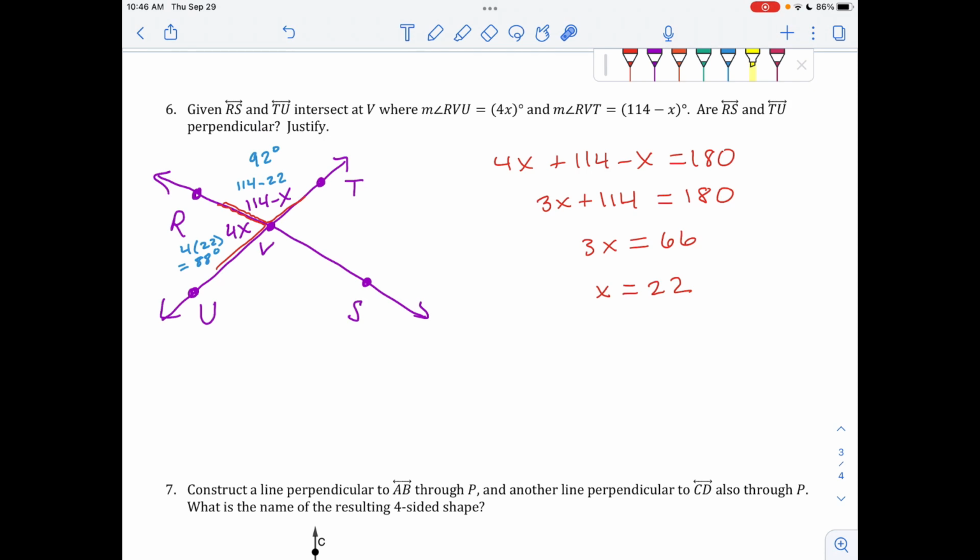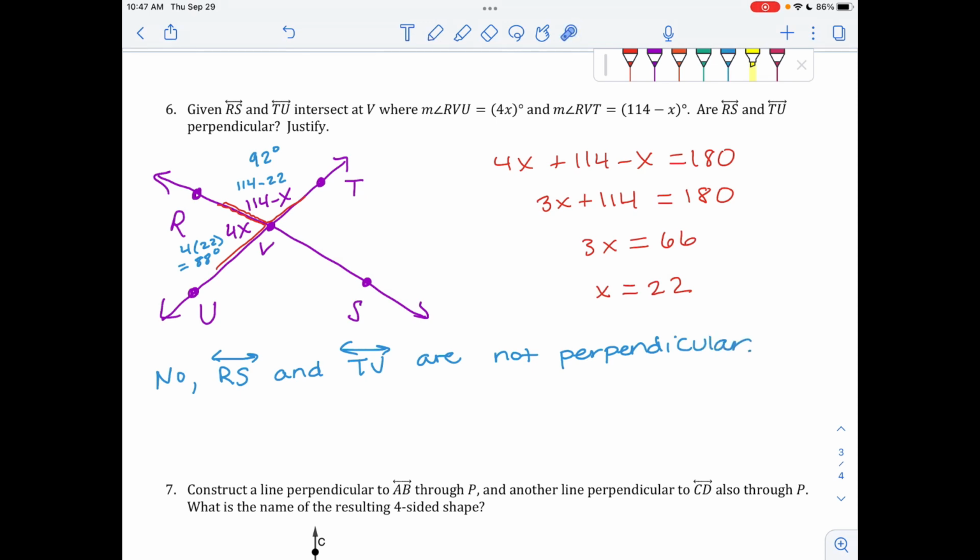So I need to write a sentence to justify this. The first part of my sentence is going to be my claim. So my claim is no, line RS and line TU are not perpendicular.